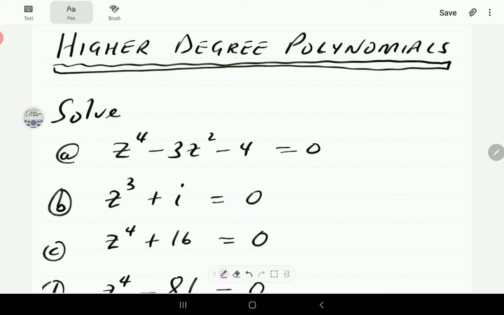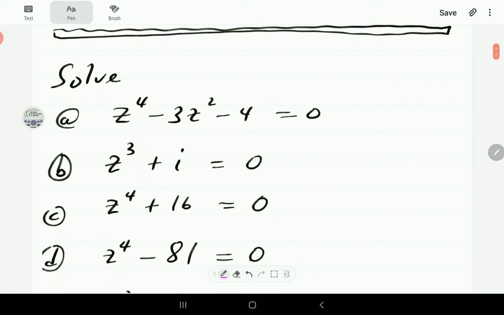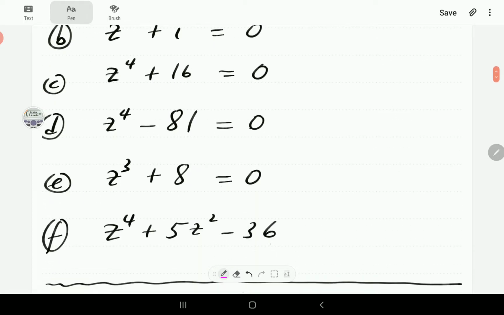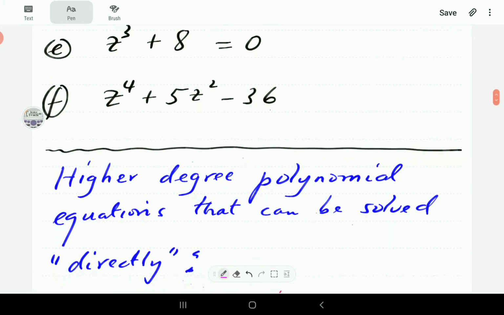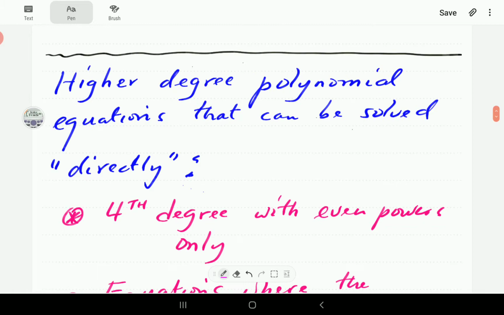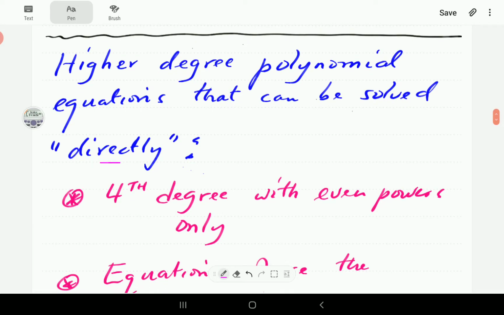In particular, we're going to look at equations of degree 3 and 4. But in this study, we are just going to focus on those equations that can be solved directly.